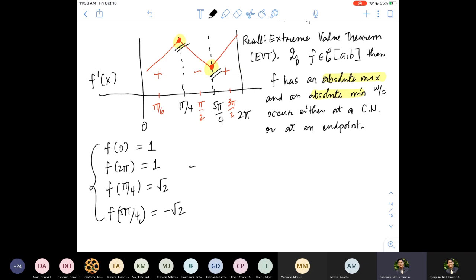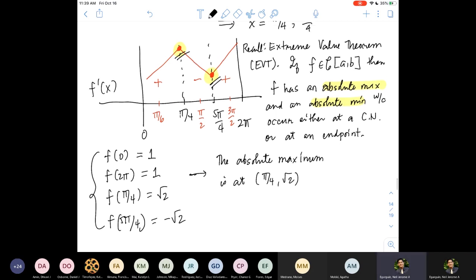So these values tell us that the absolute maximum, as we have mentioned, would be the highest point on the entire closed interval 0 to 2 pi, and based on these values, the highest will occur at pi over 4 comma square root of 2, right?